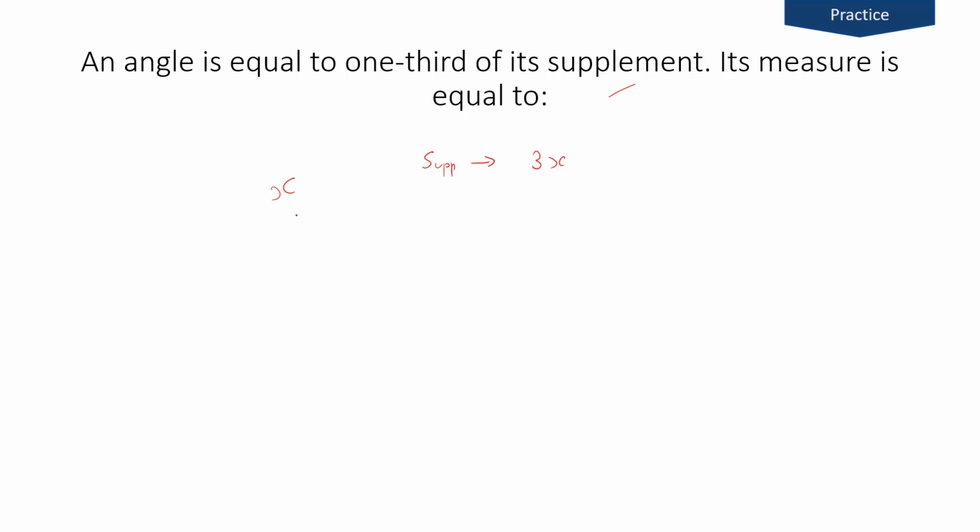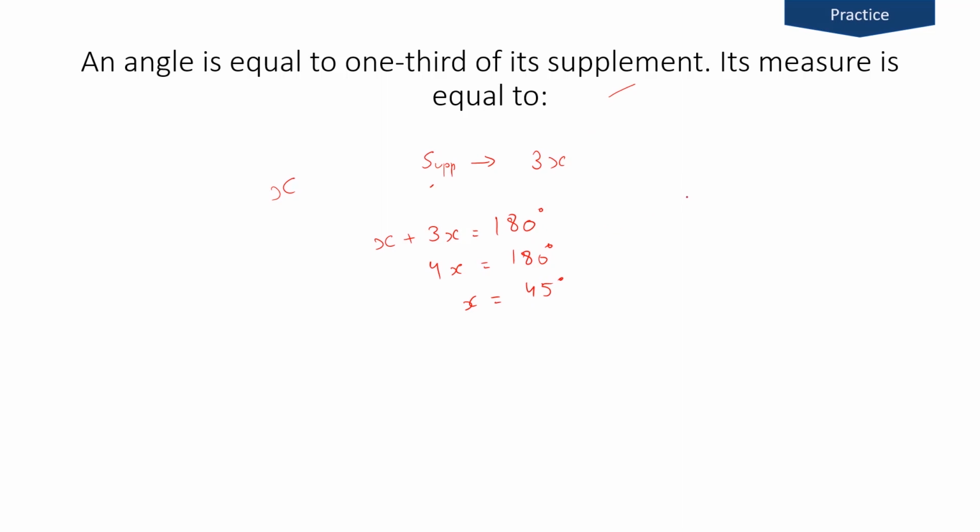So the supplement is 3x. And the property of supplement is that x plus 3x, the sum of two supplementary angles, is 180 degrees. So 4x is equal to 180 degrees, x is equal to 45 degrees. So the angle is 45 degrees and the supplement is 135 degrees.